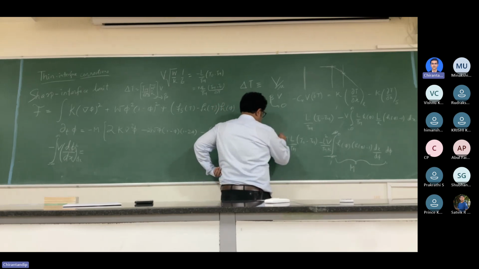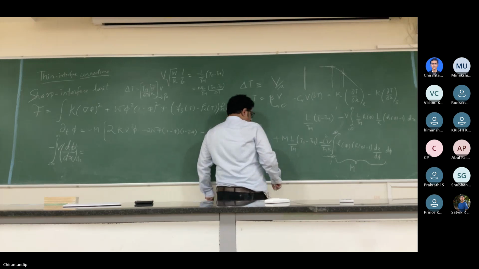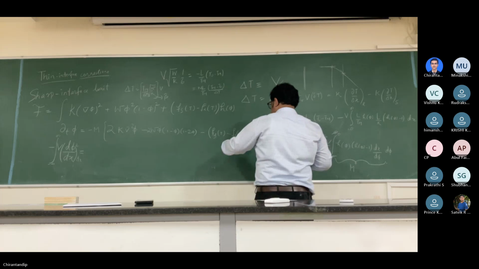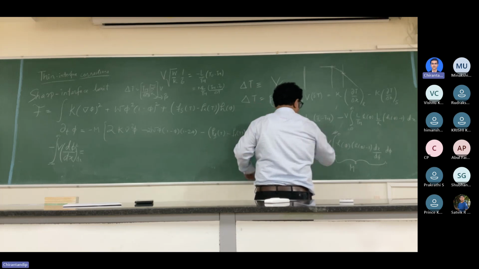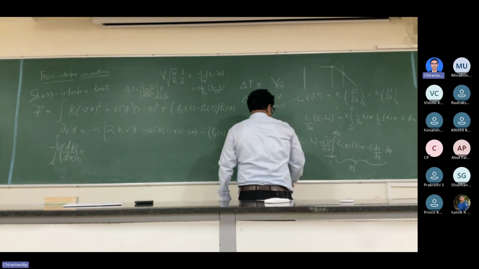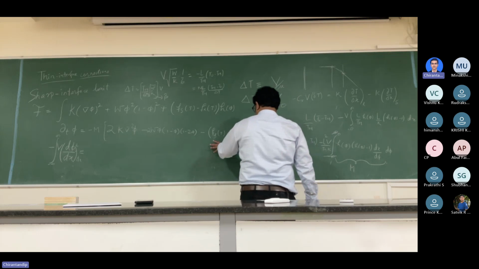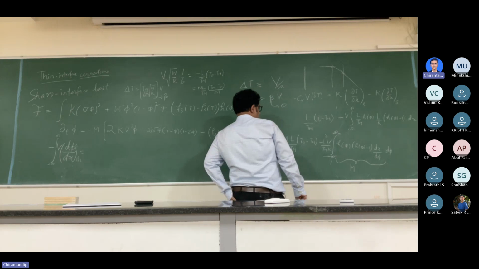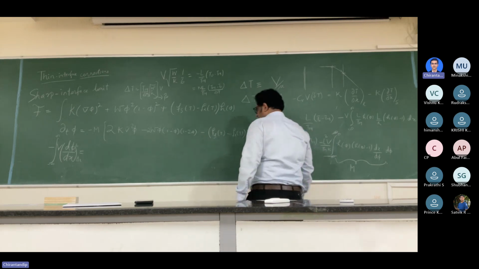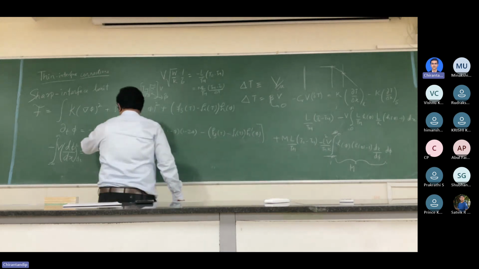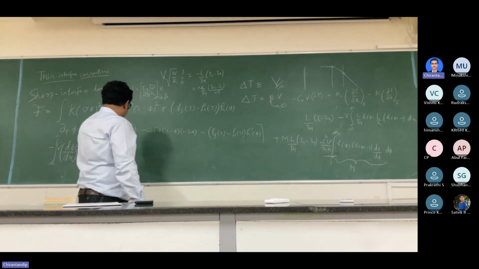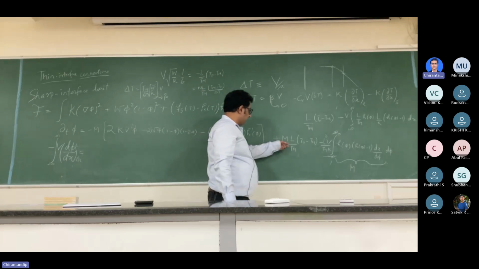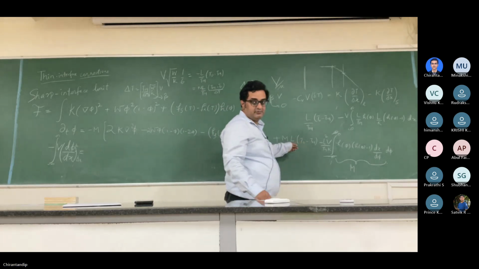No? Then this has to be, this minus came from here, so minus is cancelled. In LHS we have a reduction. No, what I'm asking is, this minus m, this minus m multiplied with the sharp interface limit, what did we get?